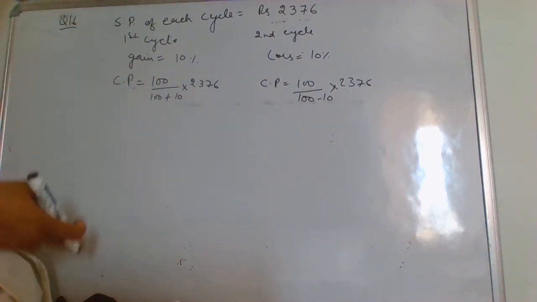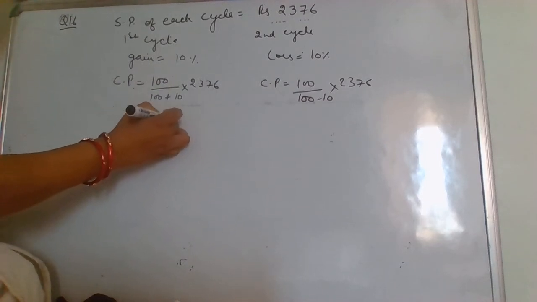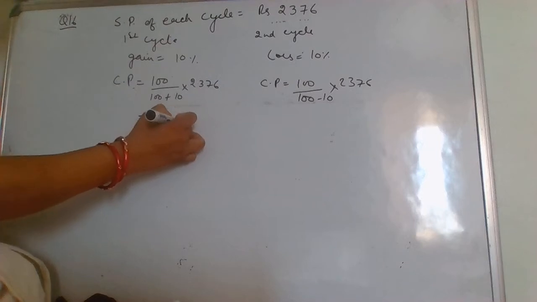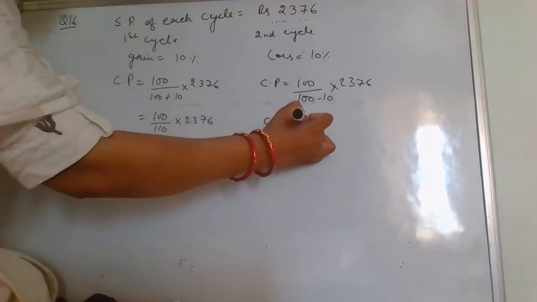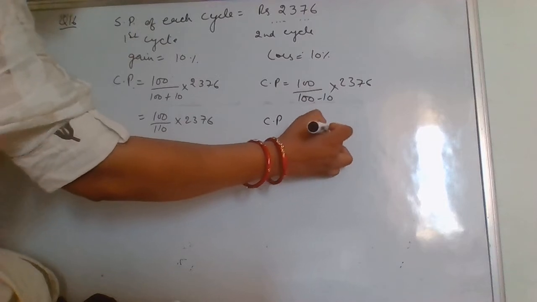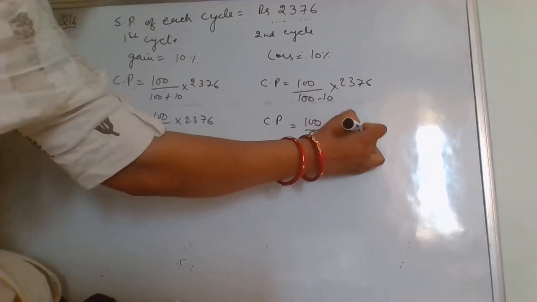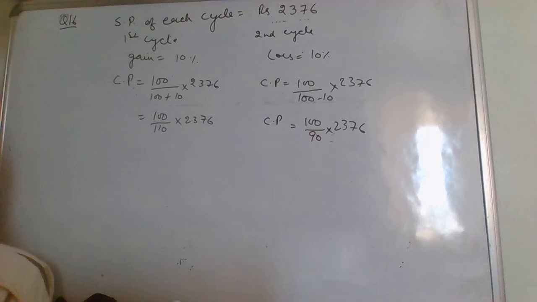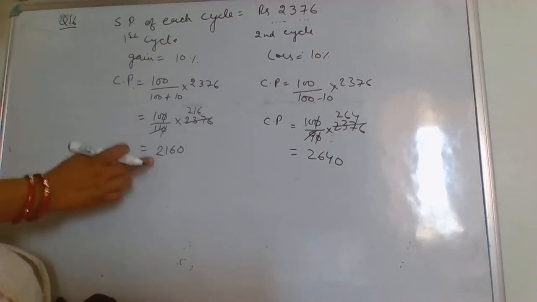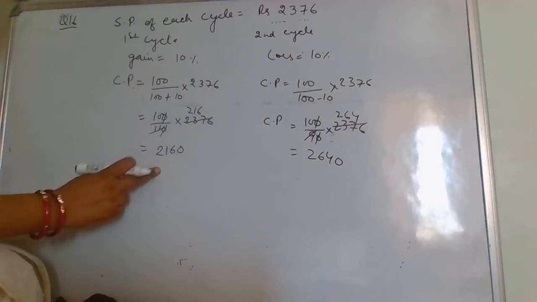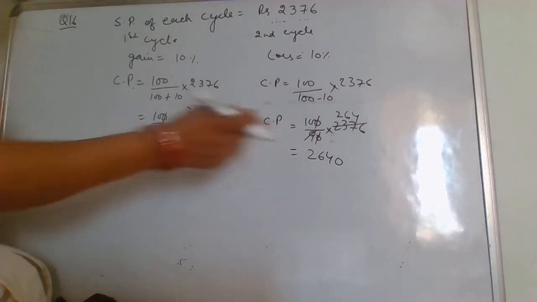Whatever the profit is, it is profit, otherwise if there is loss, it is loss. So 100 by 110 into 2376, and here 100 by 90 into 2376. Here the cost price comes out as 2160 and here the cost price comes out as 2640.